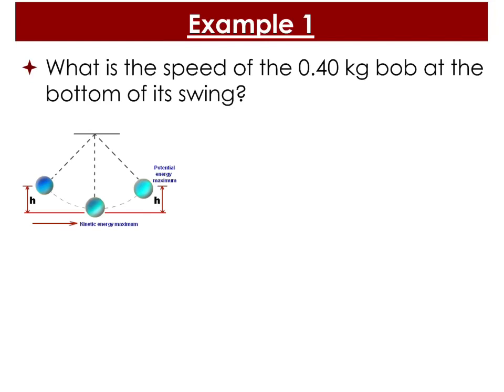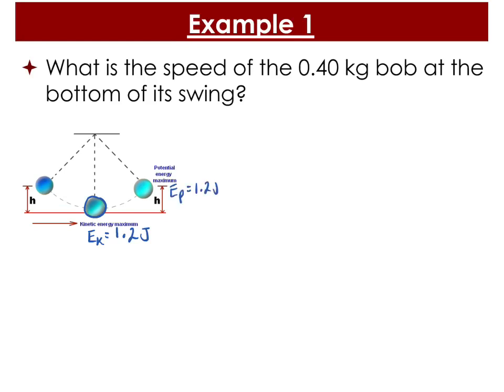Now I want to know, what is the speed of the 0.40 kilogram bob at the bottom of the swing? I have the mass. What's something we know with speed and mass? Probably kinetic energy, because it looks like we also have the kinetic energy. That's the nice thing: we can use the potential energy that we originally had.